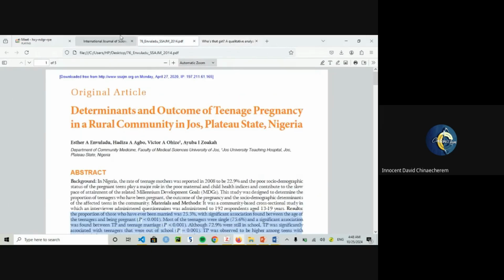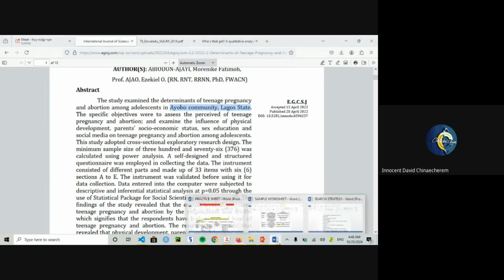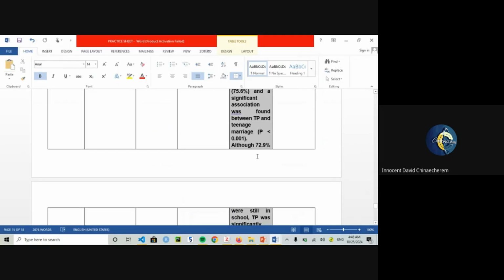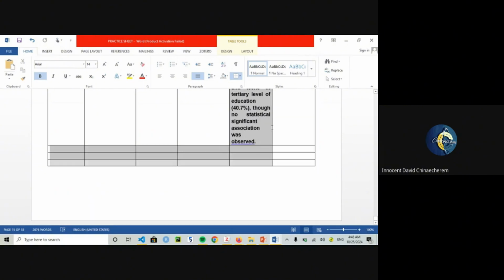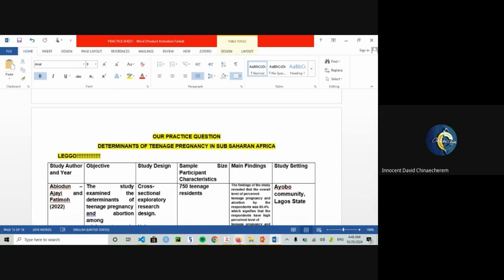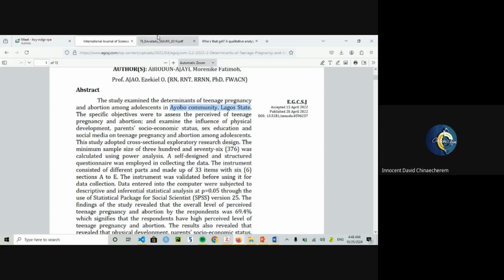And we were able to successfully extract all the relevant information based on our table to deem fit for our data extraction. And these 3 papers are going to form the basis for our synthesis.